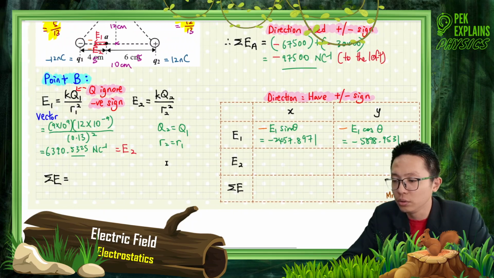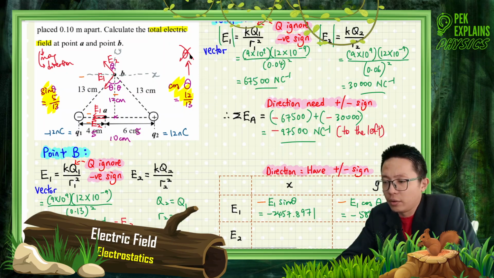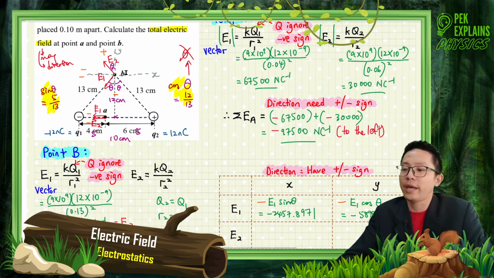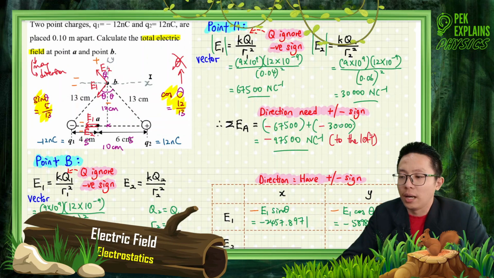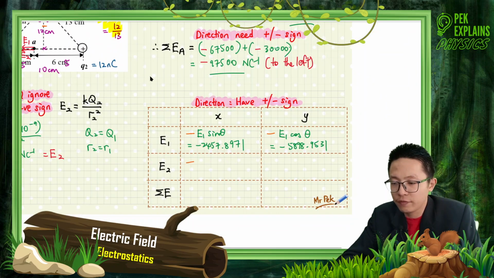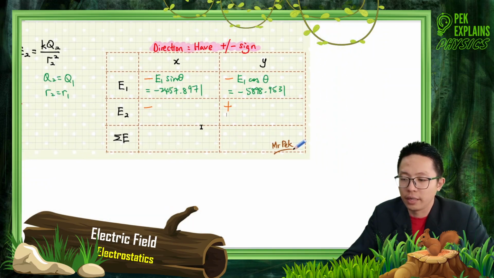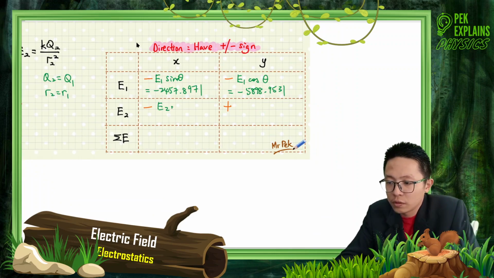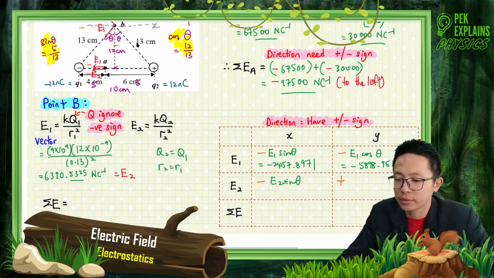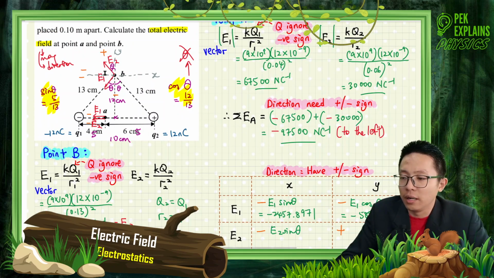Now how about E2? E2 is direction going to the left and upward. So x is negative, y is positive. Better you write down the sign first. So the x component is E2 sin theta, because it has no angle, we just use sin theta.